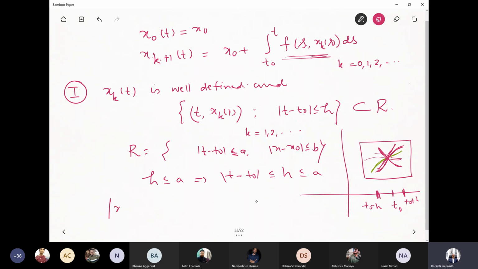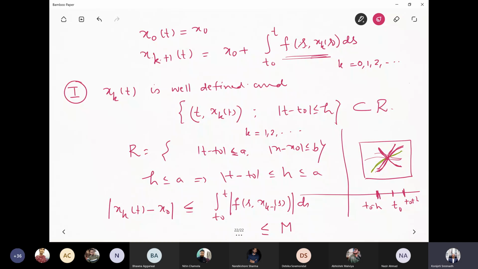The other one we have to show is that |x_k(t) - x_0| is less than or equal to b. Why? Because x_k - x_0 is the integral from t_0 to t of f(s, x_{k-1}(s)) ds. Taking the absolute value inside the integral, this is less than or equal to M, because we assume that f is bounded on the whole rectangle.